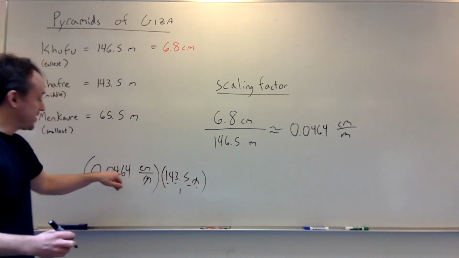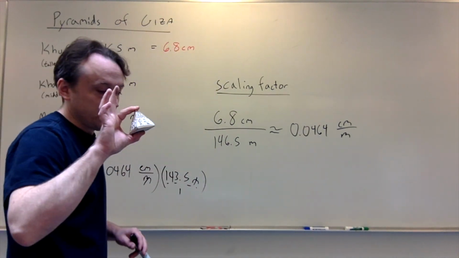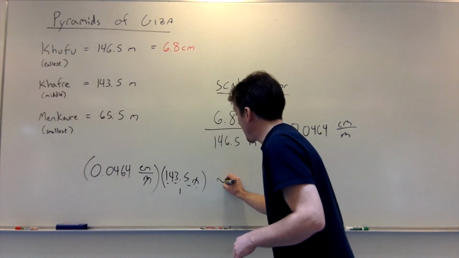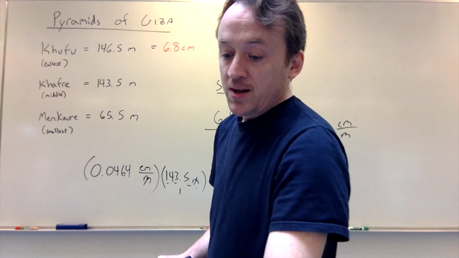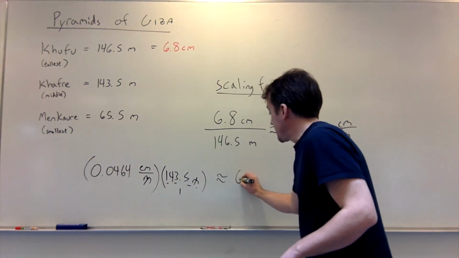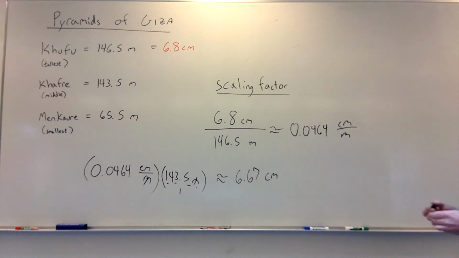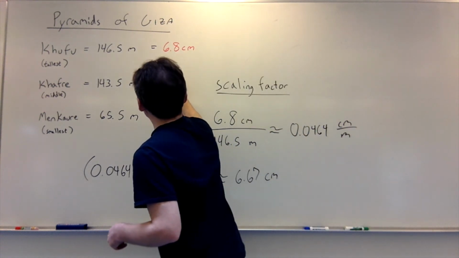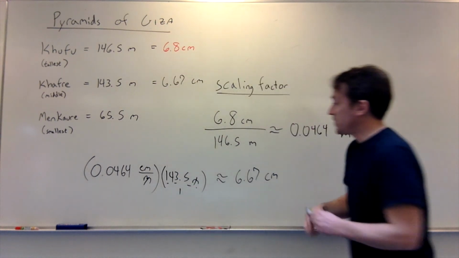The meters cancel. My answer should be in centimeters, and that should theoretically be the height of this guy. So when I actually multiply that out, I get approximately 6.67 centimeters. So let's keep track of that up here. It should be 6.67 centimeters here. So that's what it should be.